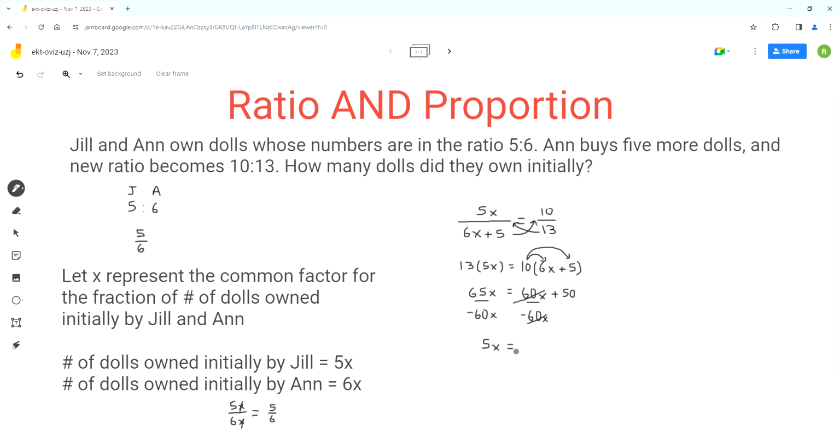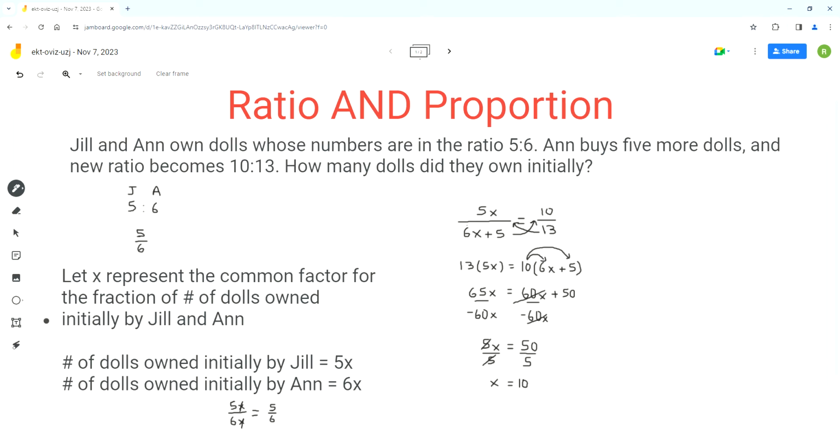So that's how we get 5x equals 50. We can isolate x by dividing both sides by 5. So the 5's will cancel each other out on the left side and we are left with x equals 10. So that's the value of the common factor.